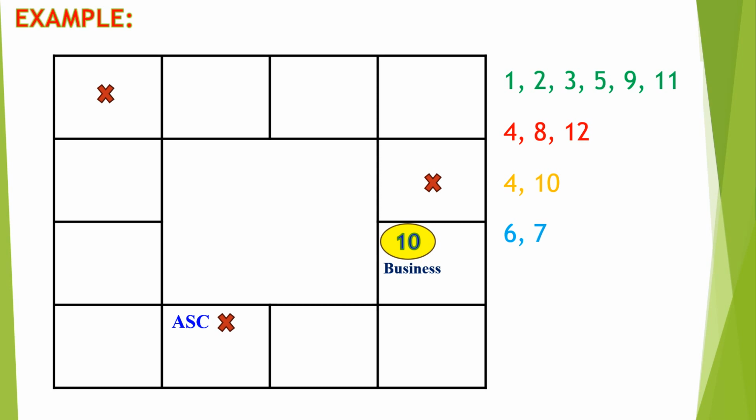The first is the 10th bhava itself, then the second to it, the third to it, the fifth to it, the ninth to it, and the 11th to it. That is, the 10, 11, 12, 2, 6, and the 8th bhava will support the business related things.